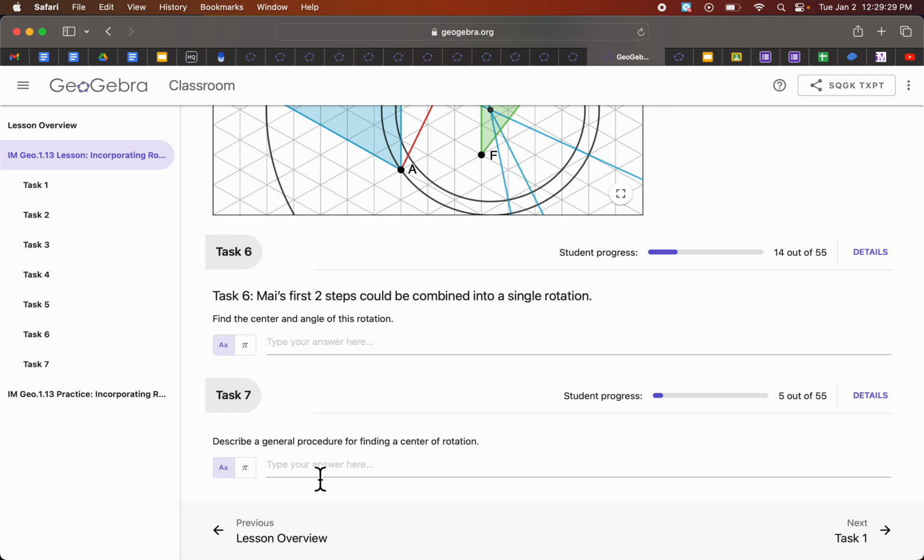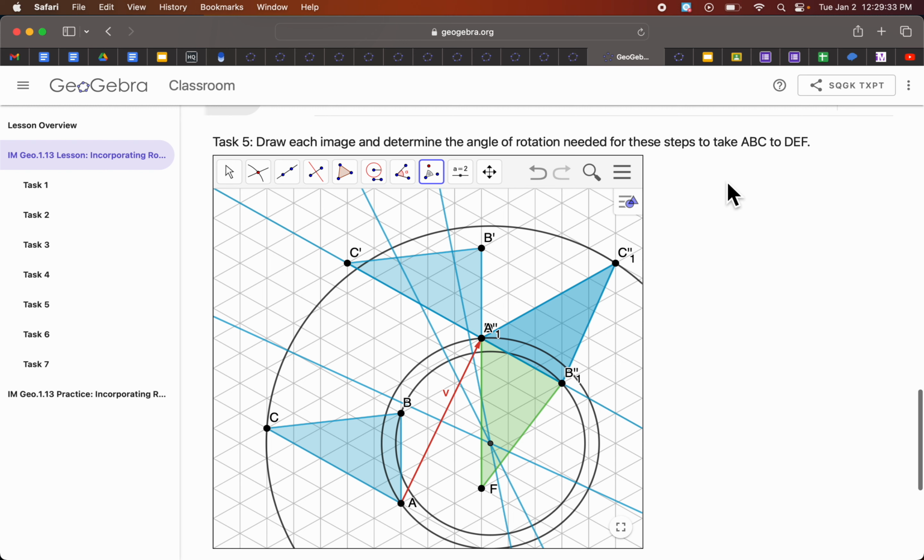So, how did we find the center of rotation? We used the perpendicular bisector tool for corresponding points, right? We use B and B prime, A and A prime, or double prime, right? Our goal, right? Our original versus our target.